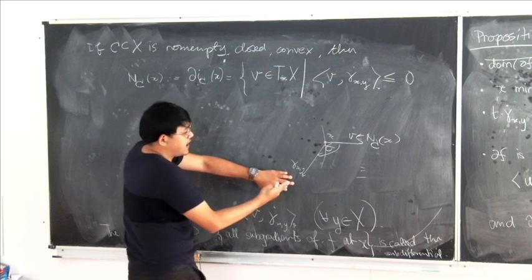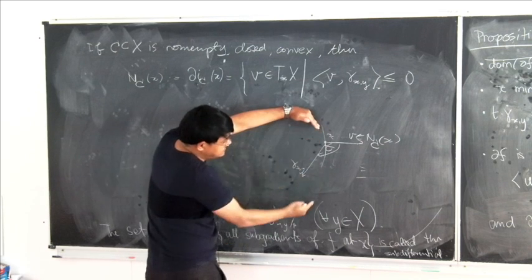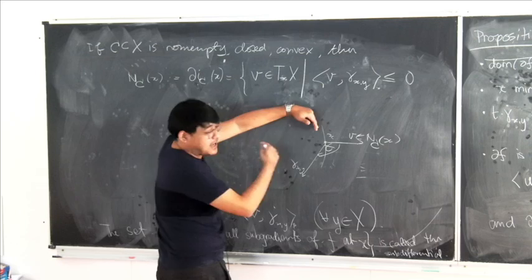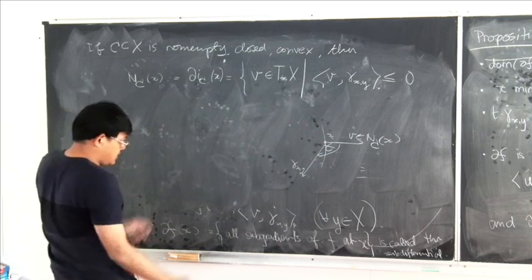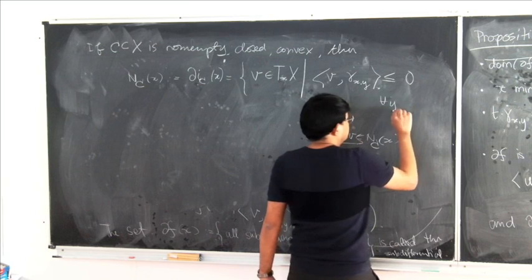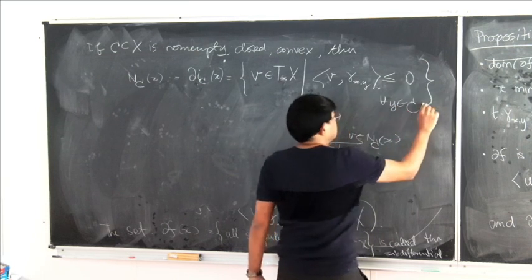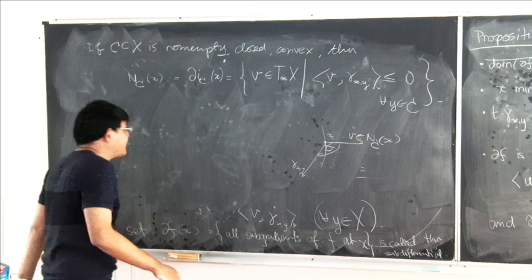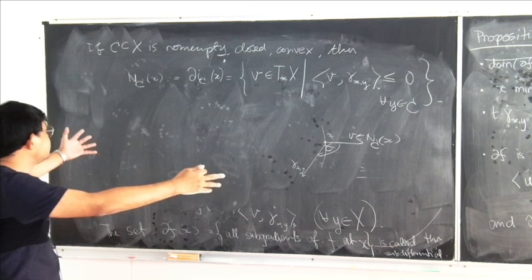Okay, it makes an obtuse angle with vectors that point inside the closed convex set. And you have lots of cautions about this.